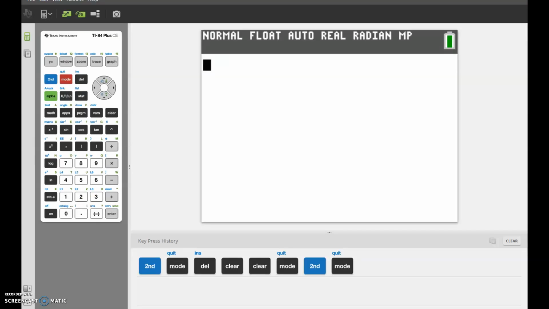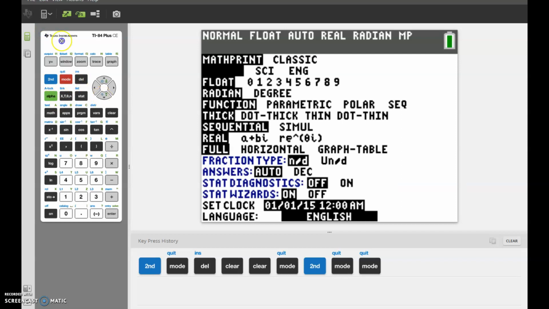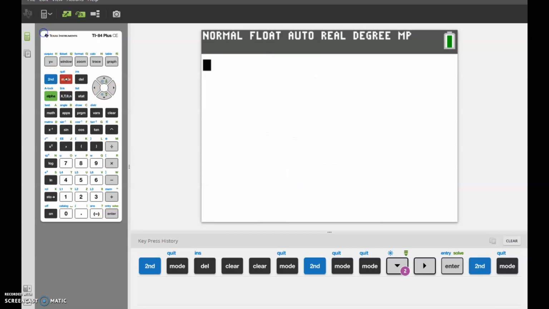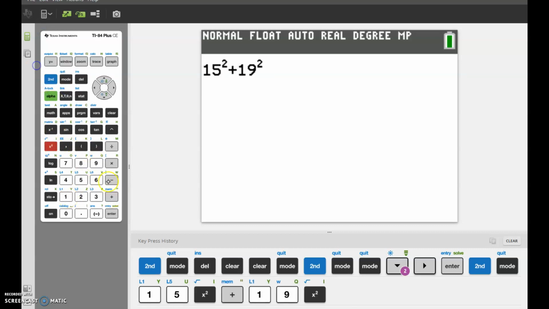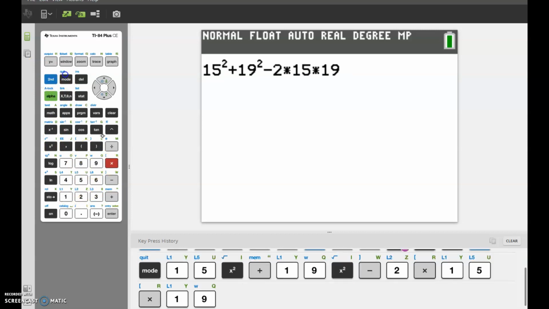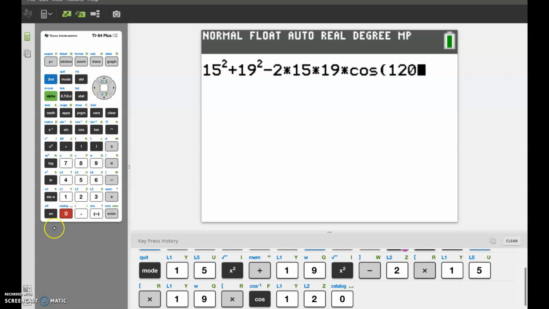Okay, so now when I'm using my calculator, I have to make sure that my mode is in degrees, which it's not. So first thing I'm going to do is change my mode to degrees. And now since all the numbers were on the right side of the equal sign, 15 squared plus 19 squared minus 2 times 15 times 19 times the cosine of 120.